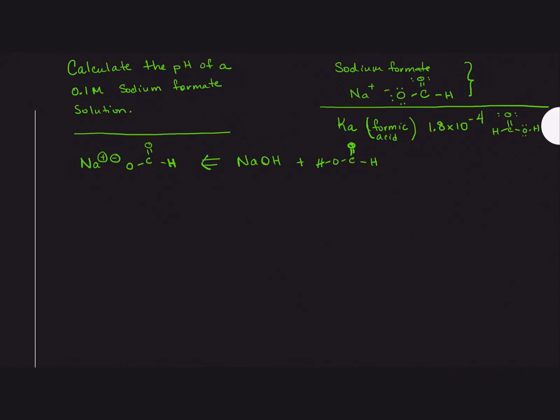We know that sodium hydroxide is a very strong base, and we know that formic acid is a weak acid.